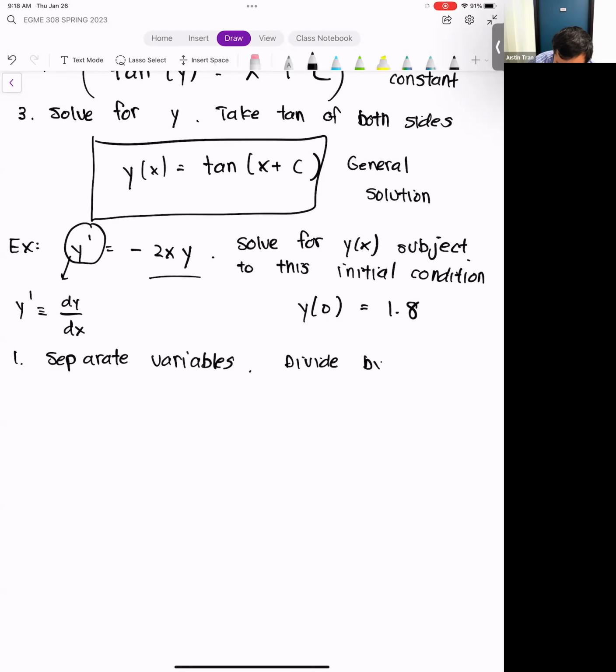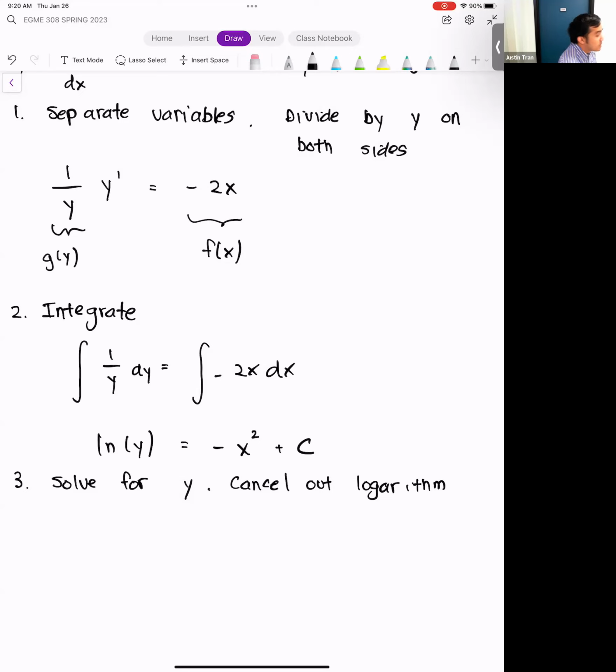Step 3 here is that we've integrated the differential equation, but we need to do a little bit of algebra to solve for y. So let's solve for y. And the way we do this, we need to cancel out the logarithm. And the way you cancel out a logarithm is that you have to exponentiate both sides.